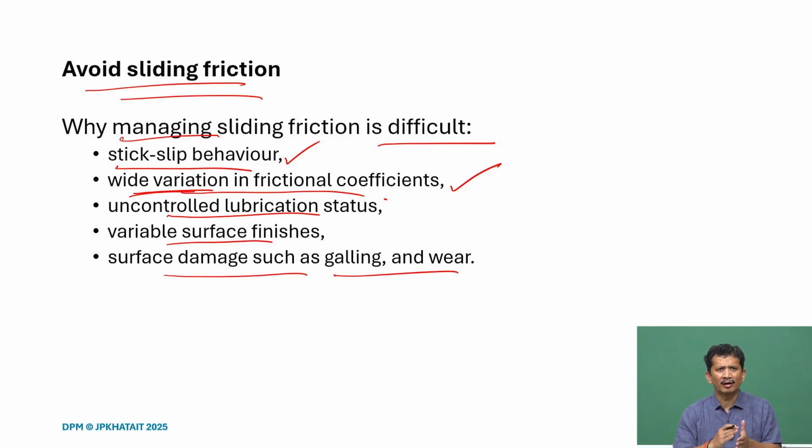Since it is a statistical parameter, we are talking about the entire surface, the lubrication status over the surface, but the contact might be at certain locations only, and if you do not know that, then we have to deal with this wide variation. It means it is highly unpredictable. Therefore, it is very important to avoid it if possible.